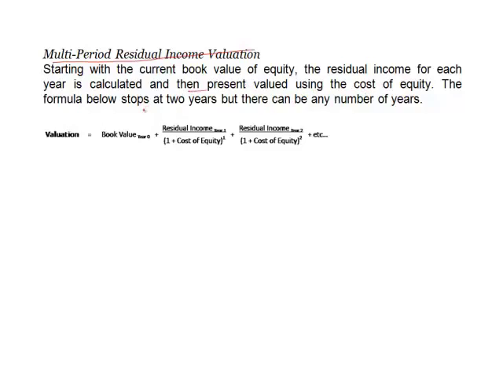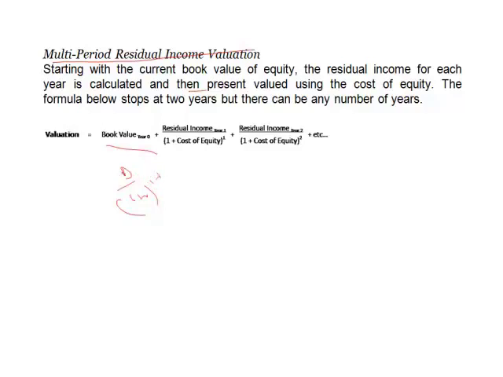The formula you can see on the screen is for 2 years and it could be for more than 2 years if you so wish. So the valuation is the book value plus residual income for the first year over the cost of equity for the first year, plus residual income of the second year over the cost of equity for the second year. You know, the residual income here is in the position of the dividend if you are using the multi-period dividend model, where we have dividend for the first year over R, that's equal to P for the first year, plus the rest.